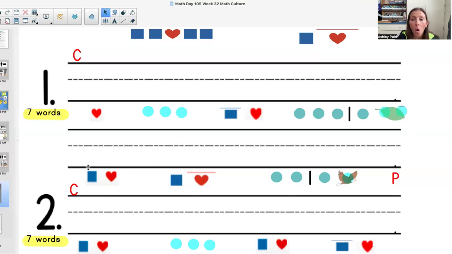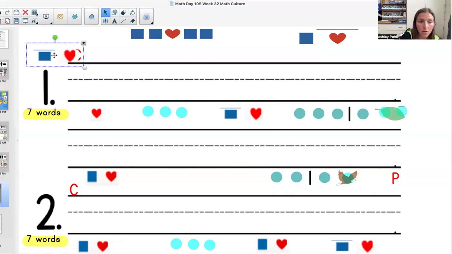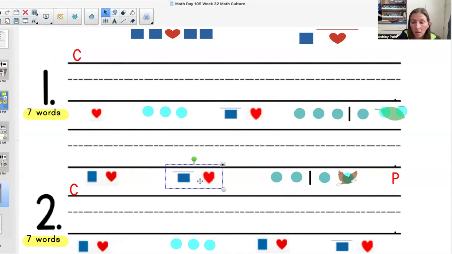for. I got the saddle for the pony. Pony, P-O-N, E. But remember, this is a two-syllable word.